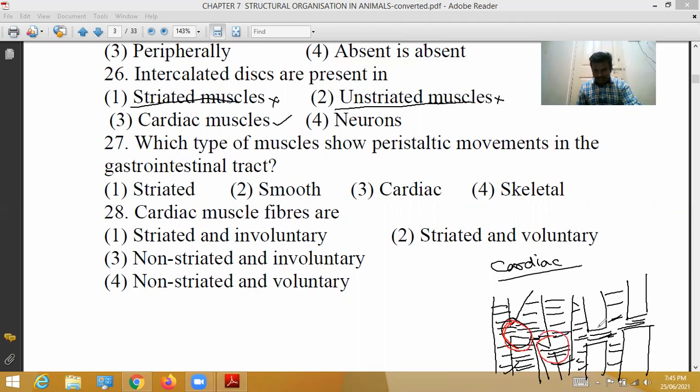These are called intercalated discs. Okay, so intercalated discs are commonly present in cardiac muscles.